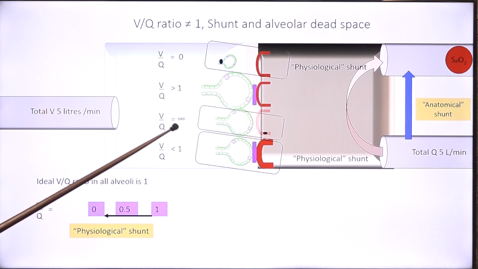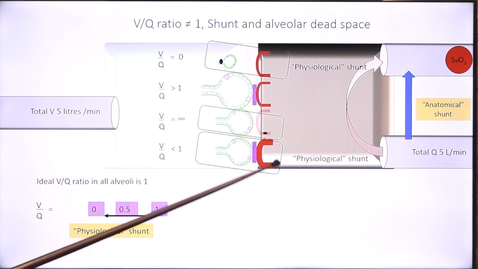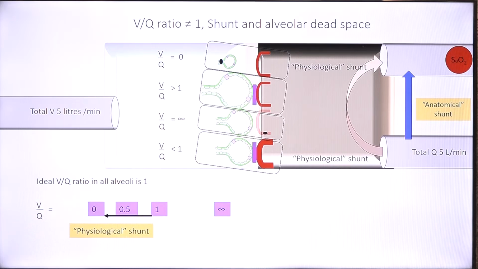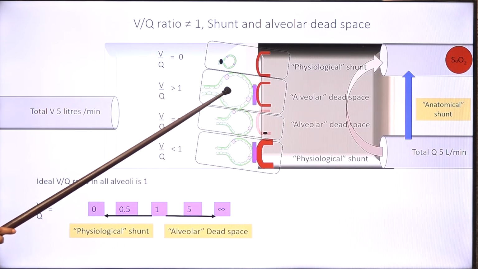Here VQ ratio is infinity because there is 0 blood flow, and in this case perfusion is less than the amount of ventilation, or VQ ratio is more than 1, not infinity but more than 1. So, these cases where the VQ ratio is more than 1 are referred to as alveolar dead space.